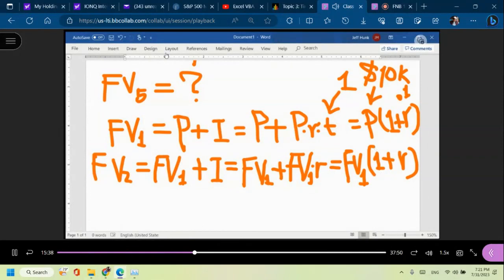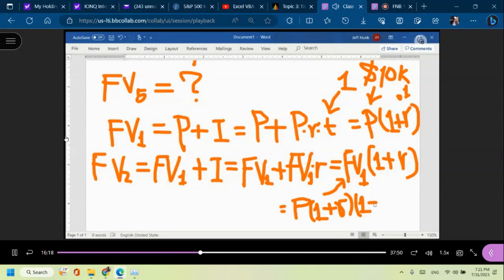Okay. Now then, we can break down this FV1, because what is FV1? By definition, FV1 is this, P times 1 plus R. So I can rewrite FV1 by its own definition, which is P times 1 plus R, right? And then there is 1 plus R here.